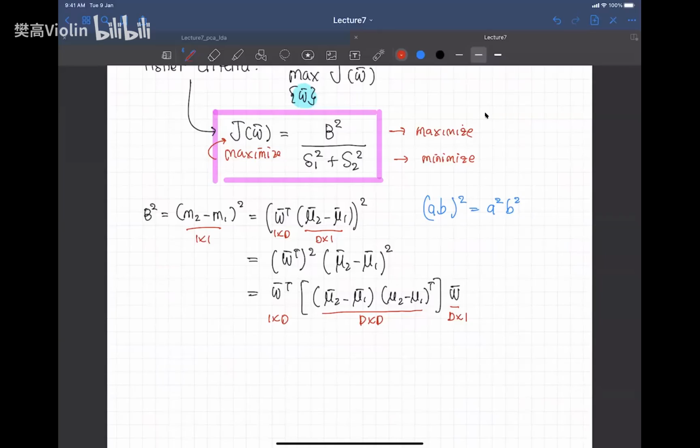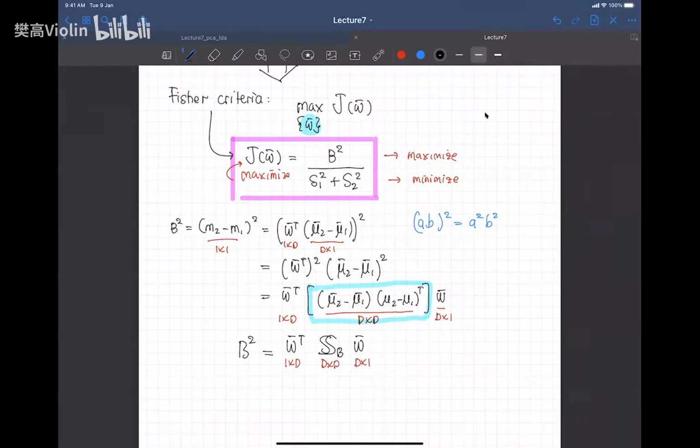So the whole thing here is the most important part, and we represent that with SB. So again, SB is D by D. Any questions?